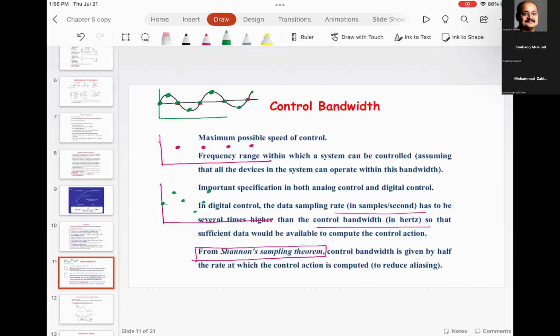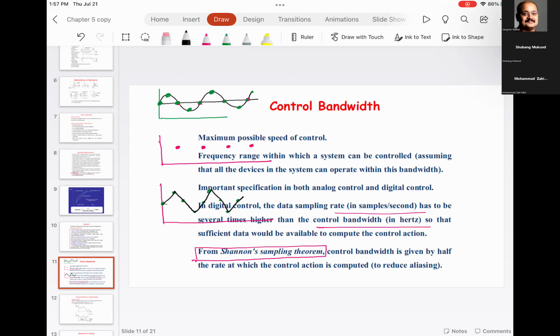And clearly, this is not good data capture, but at least it shows me the trend. You agree with me? So for proper reconstruction, the sampling frequency has to be twice the actual frequency. So sampling frequency needs to be 2 times the actual frequency.